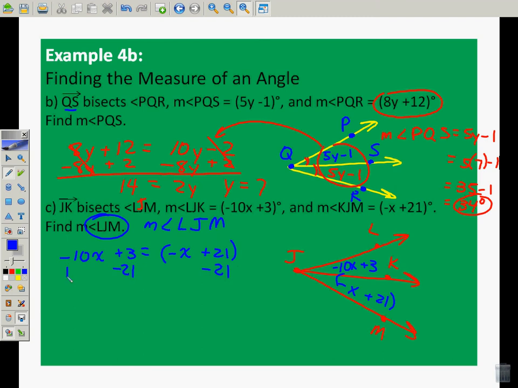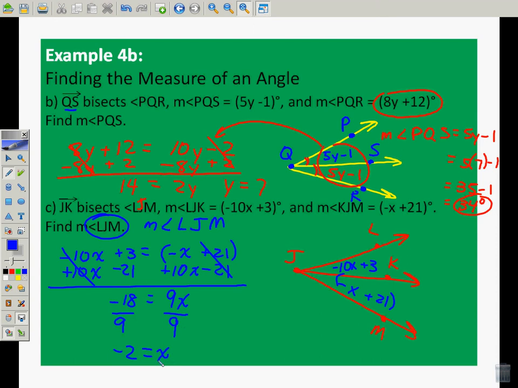We may end up with a negative number. I don't know. Actually, I do know. But let's see. This goes away. This goes away. I've got minus 18 is equal to 9x. So we're going to divide by 9. Minus 2 equals x.